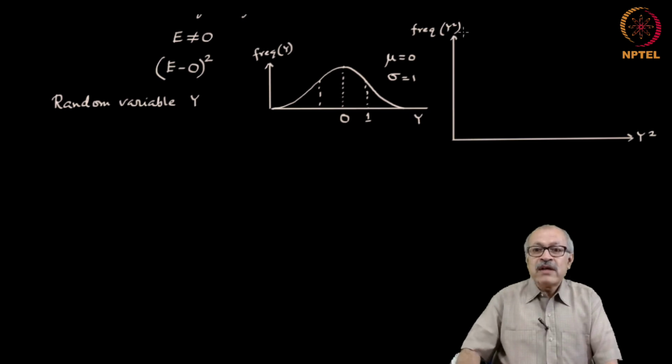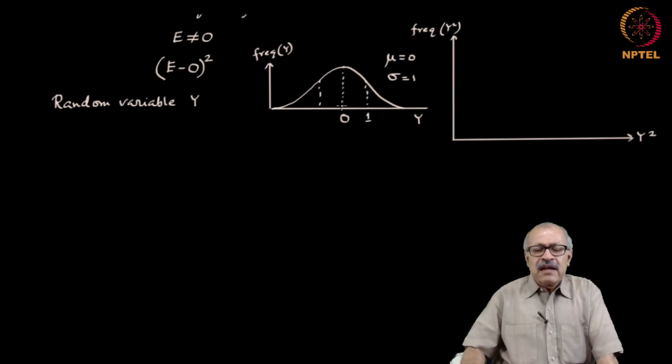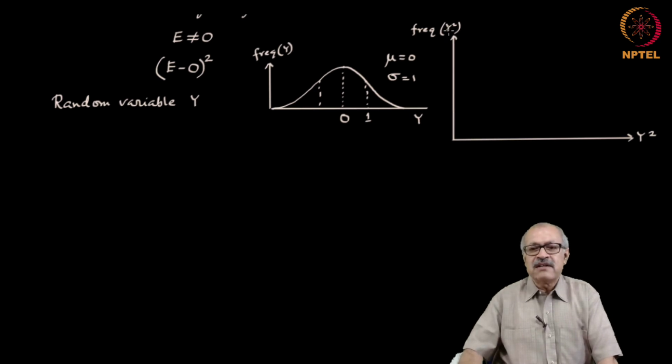How would y square be distributed? Notice that a large number of points of y are very close to 0, because it has a peak at 0. And since now you are taking the square of y, it will become even smaller.